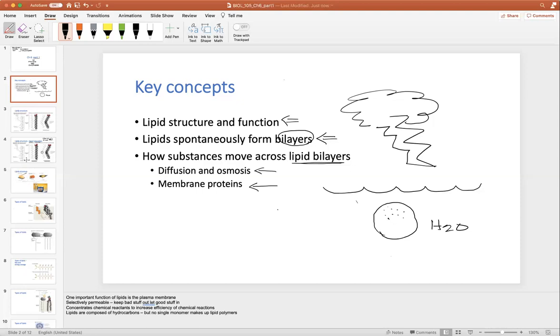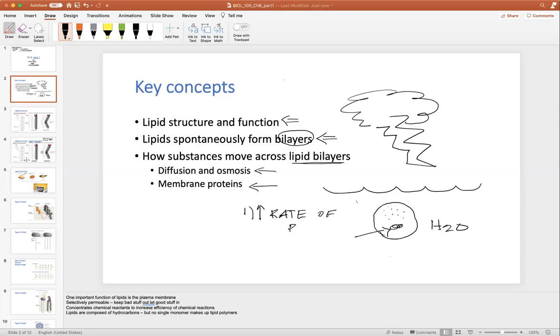So let's just say we had some ribonucleotides and a ribozyme in here, and we have them all kind of clustered together inside this membrane. We are increasing the likelihood that they will react with one another. So having a cell membrane is going to increase the rate of chemical reactions, because things aren't just floating about in this large puddle of water, right? So it's going to increase the rate of reactions.